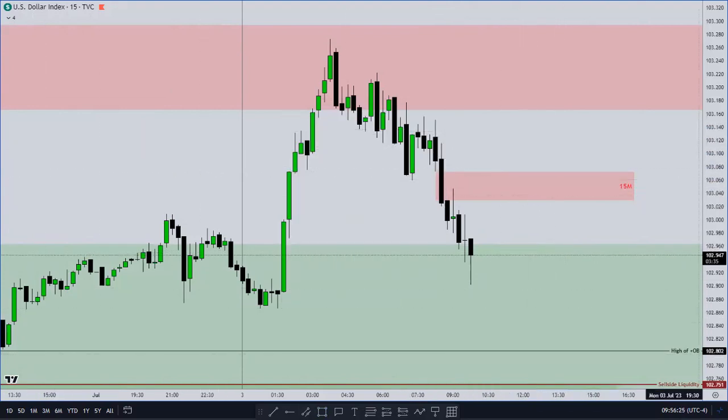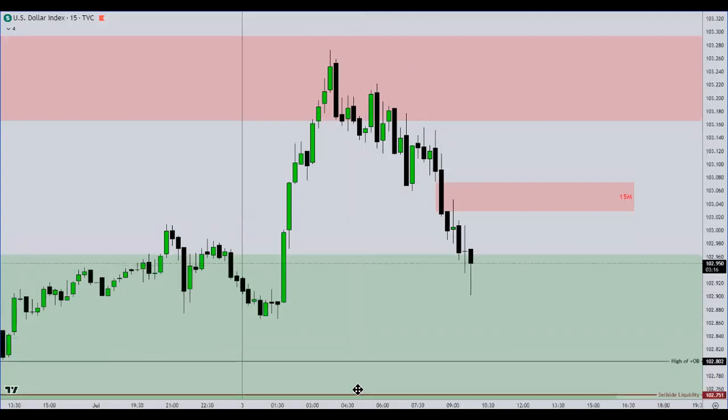I think that's enough marking for dollar index. I'm also watching this mitigation block. That's why I have denoted this fair value gap. And Daniel, I want you to think about why I called this a mitigation block.